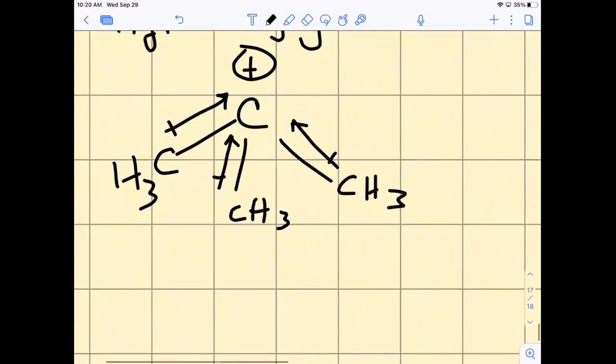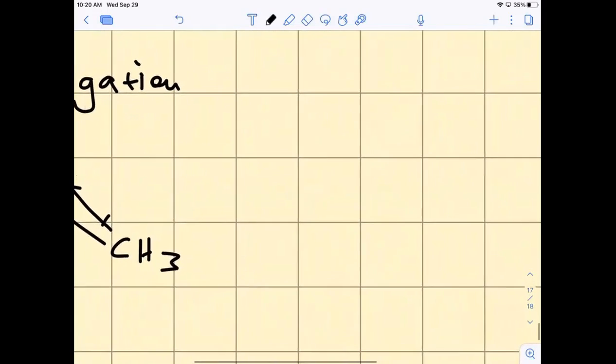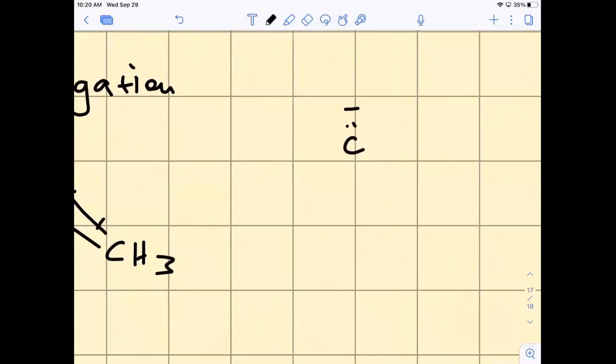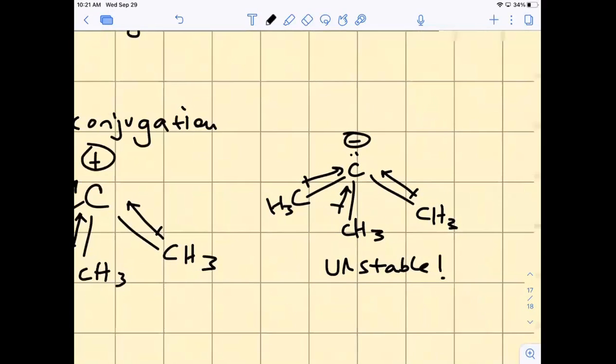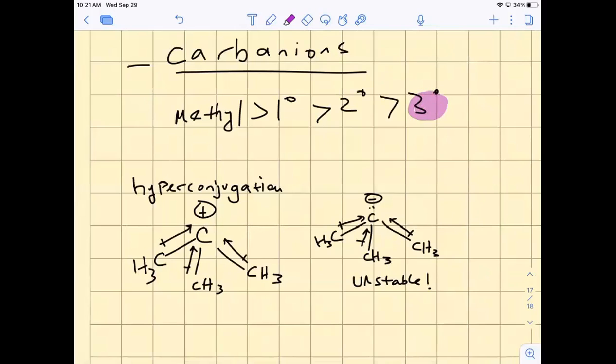That stabilizes that positive. But if I had a tertiary carbon that was negative, it would have a destabilizing effect for the same reason, because the carbon is already charged. So pushing more electron density towards a carbon that's already electron rich is bad. That's why the tertiary carbanion is the least stable of all. Because the carbon is already electron rich, if you're donating more electrons towards it, you're going to destabilize that charge.